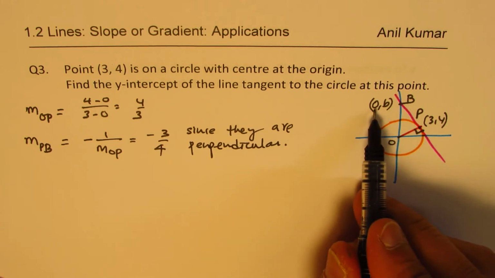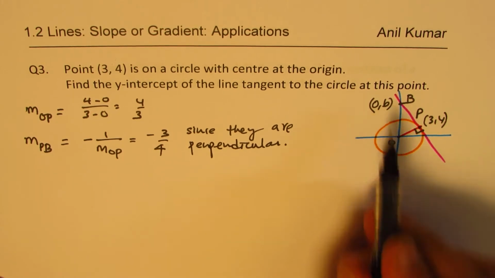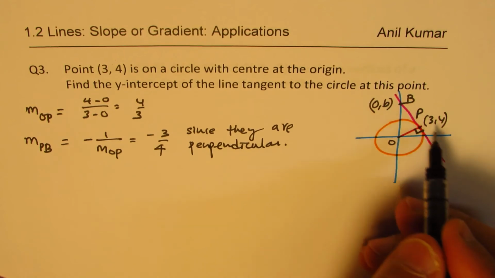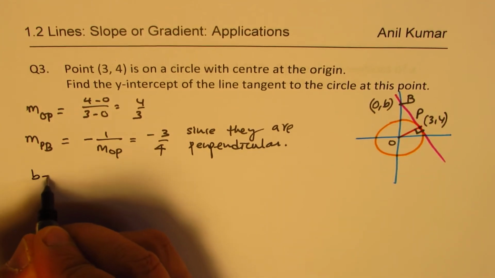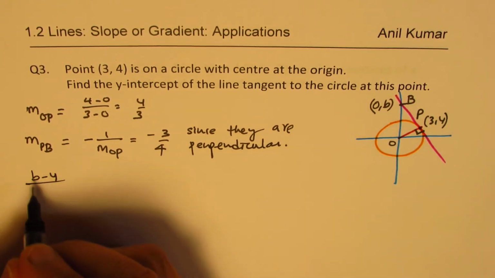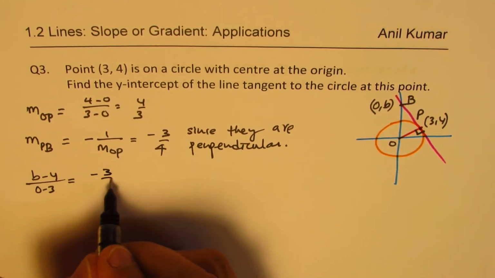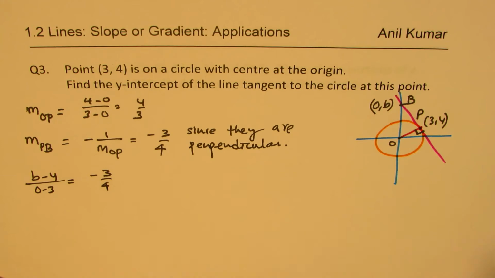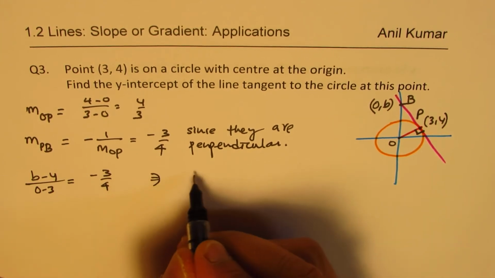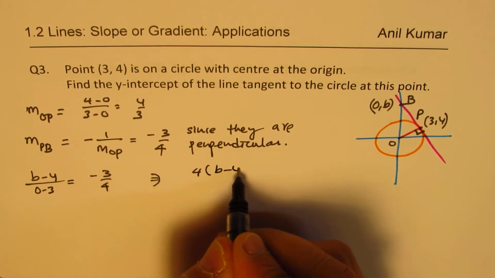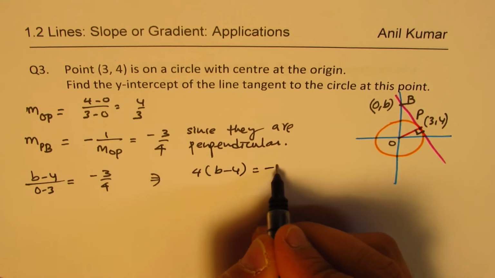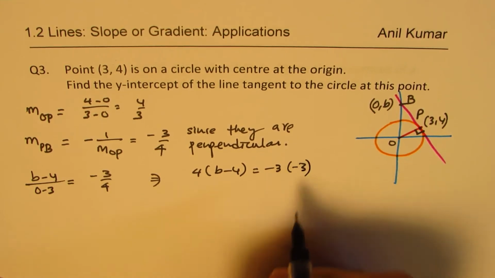Now, what is the slope of P to B? Let's say the B point is 0, b, because for the y-intercept, the x value will be 0. So that slope is b minus 4 divided by 0 minus 3. That should be equal to minus 3 over 4. So let's cross multiply. So that gives you 4 times b minus 4 equals minus 3 times minus 3.